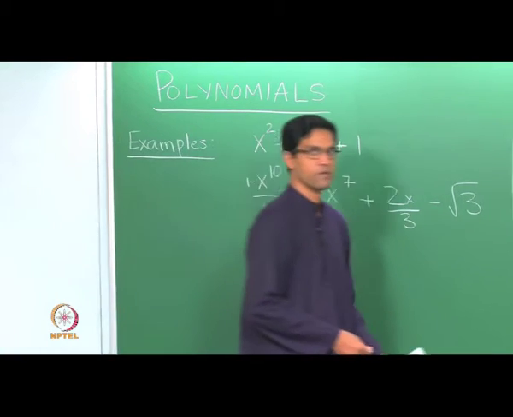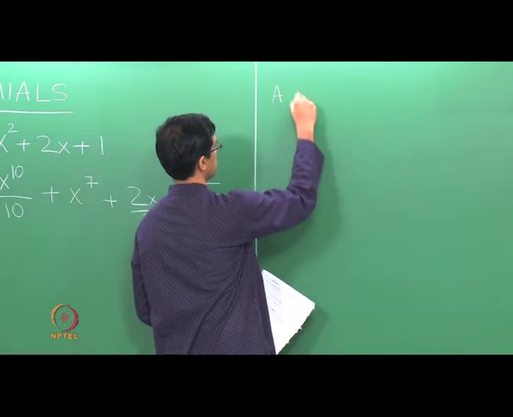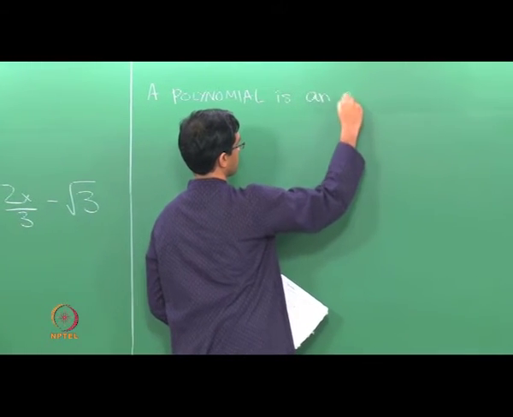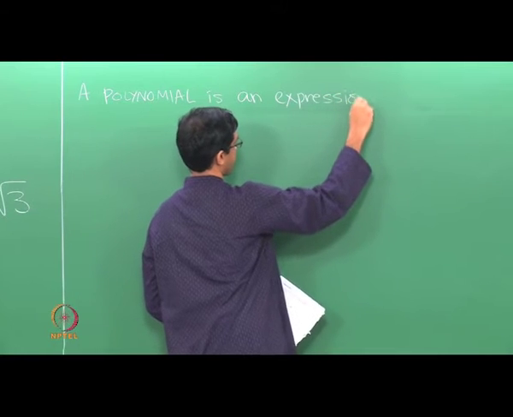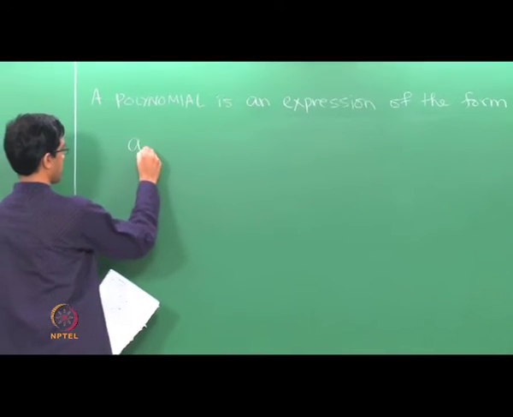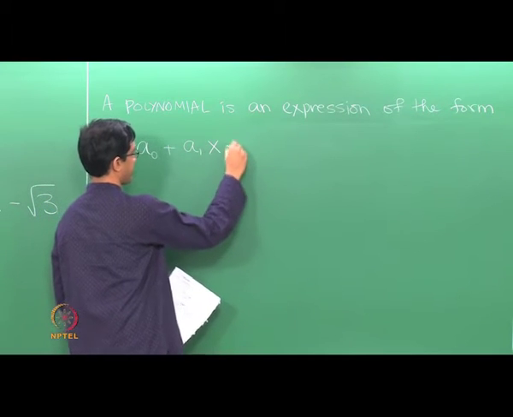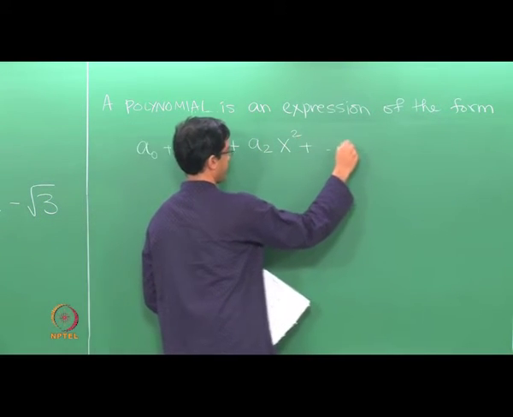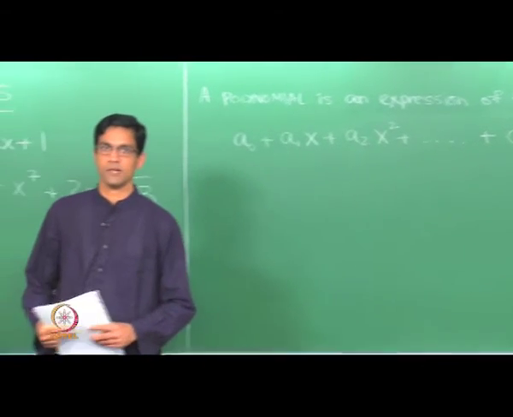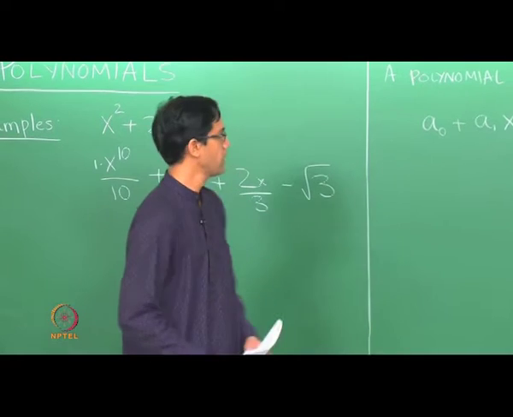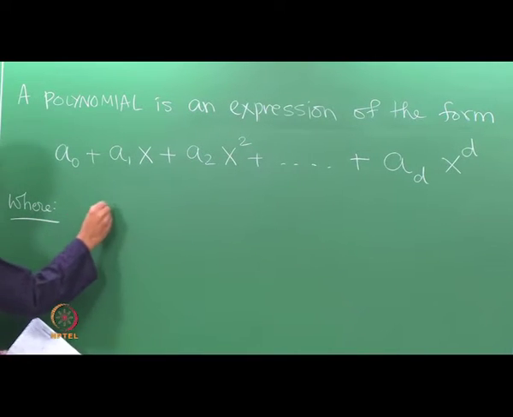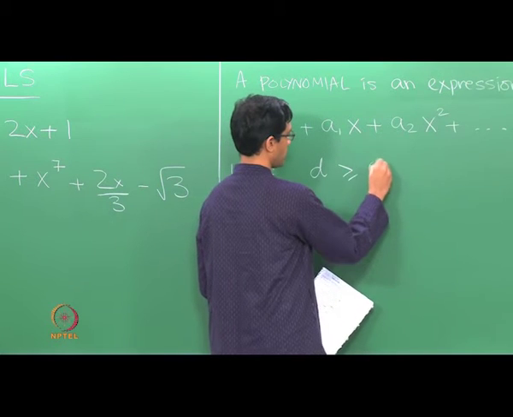So, the general formal definition of a polynomial is an expression of the form a0 plus a1x plus a2x square and so on till ad x power d, where firstly, what is d? d is greater than or equal to 0, an integer.